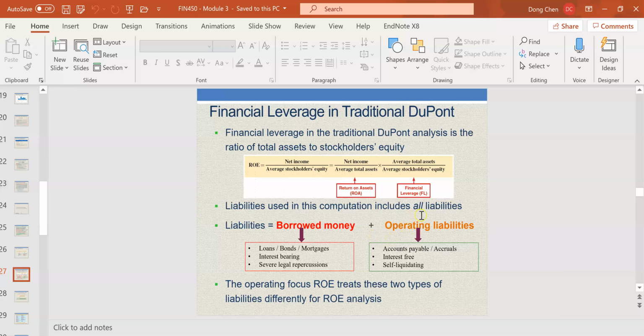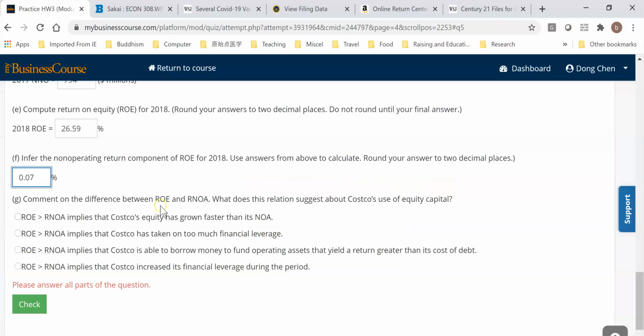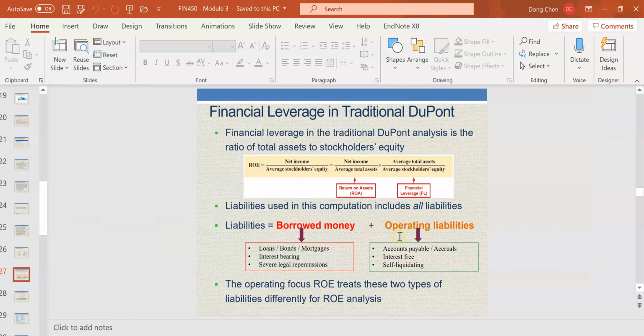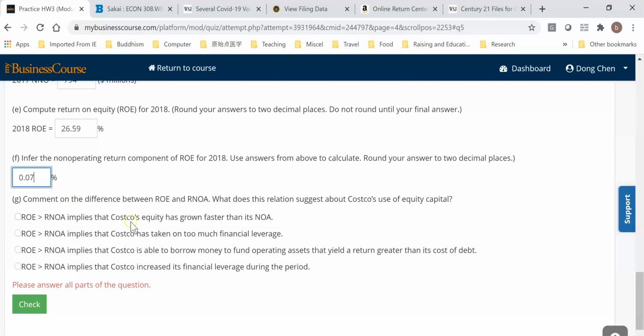RNOA, return on net operating assets, deals with the operating liabilities, and the non-operating return comes from the borrowed money. The borrowed money has a cost, so only if the profit earned from the borrowed money is higher than its cost can the return be positive. In this case, it is positive.